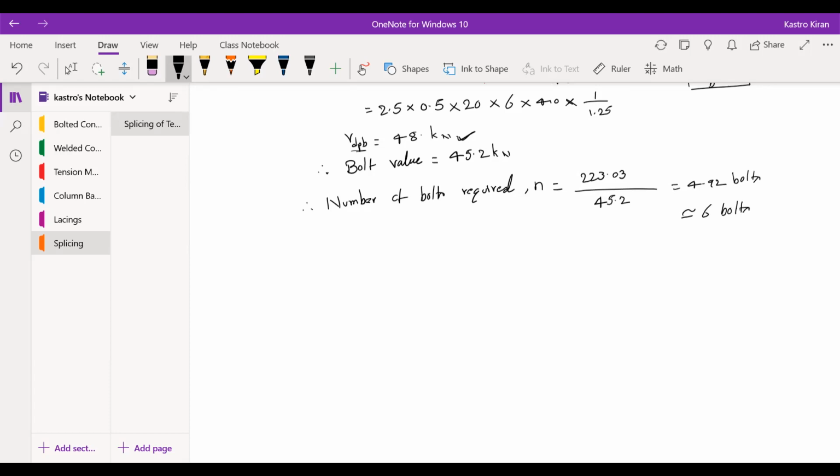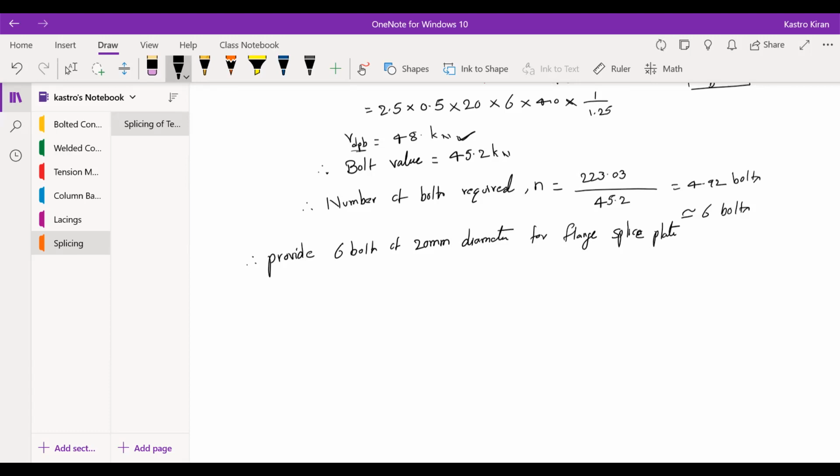Therefore, provide 6 bolts of 20 diameter for the flange splice plate. So this design is for the flange splice plate.